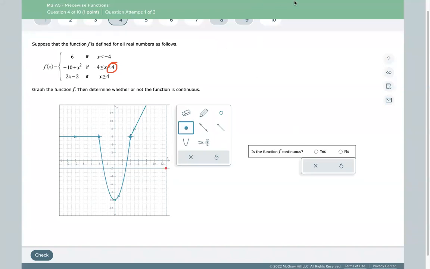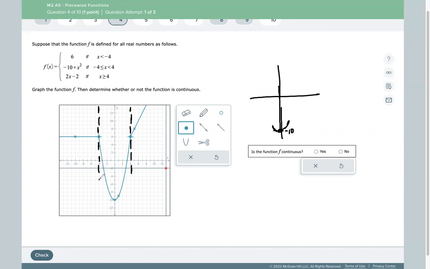So just to make sure that we got everything right, we had to sketch a parabola that shifted 10 units down. So we have a parabola that had to be at -10 and starting there. But we just needed the segment of the graph that was inside of these boundaries, going from 4 to -4.